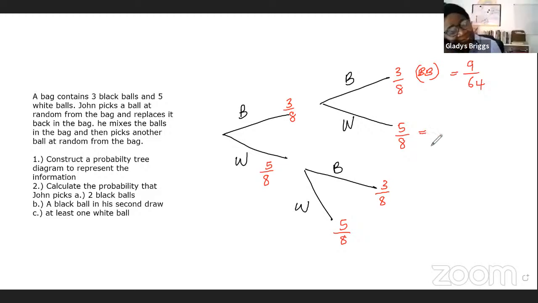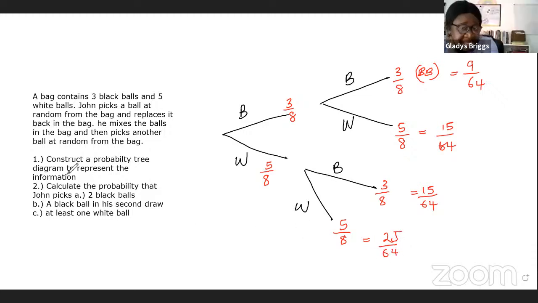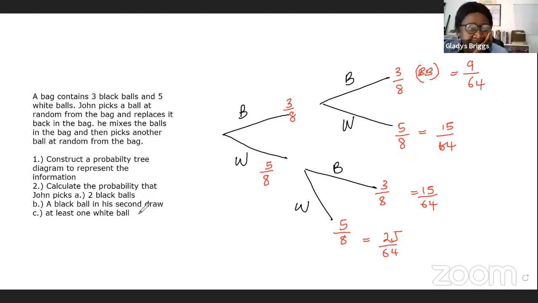Okay, and this one will be 25/64. Good. So how do we answer these questions now? A is 9/64. Two black balls. Yep. A.